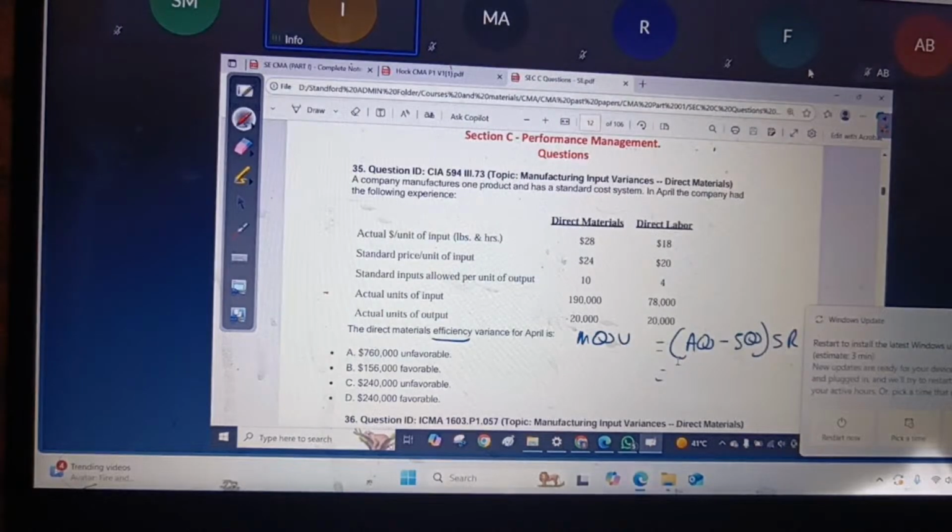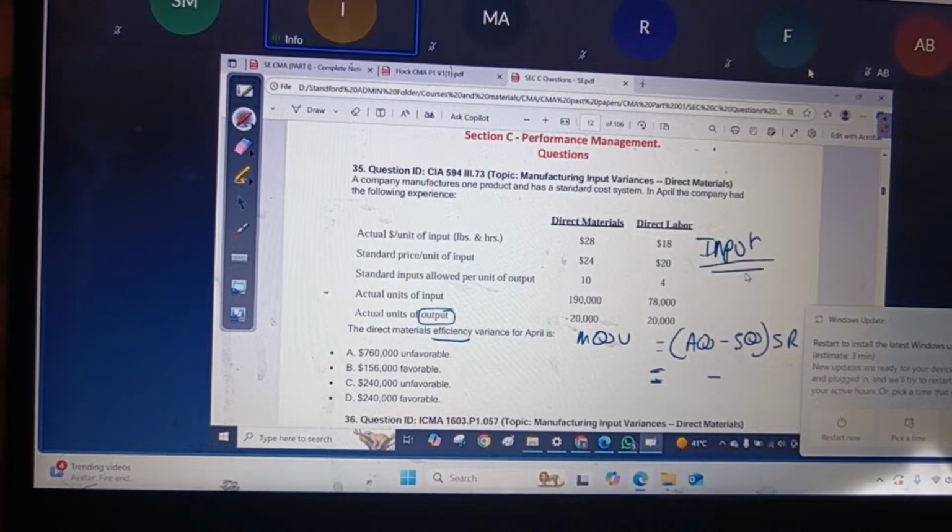Actual units of inputs, actual units of outputs. So it's clear. What is the actual quantity? That is output. How we are calculating for input.